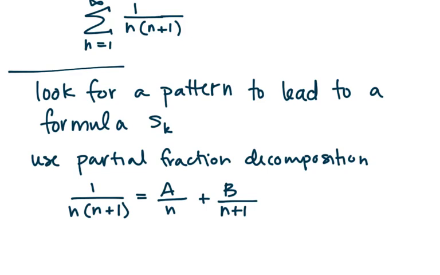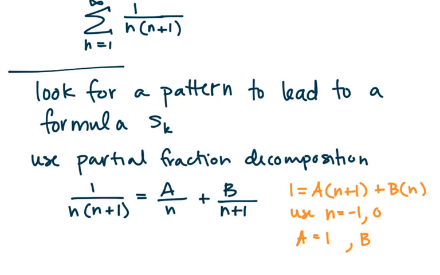In my scratch work over here, multiply by that LCD, n times n plus 1, to clear the fractions, and I end up with 1 equals A times n plus 1 plus B times n. If we use n equals -1 or 0, we determine that A equals +1 and B equals -1.